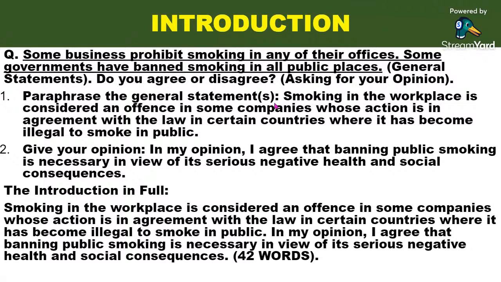So we can simply say, smoking in the workplace is considered an offense in some companies whose action is in agreement with the law in certain countries where it has become illegal to smoke in public. So you have used this one sentence to summarize 2 main ideas. Companies ban smoking and governments also ban smoking. So that's exactly what you are saying.